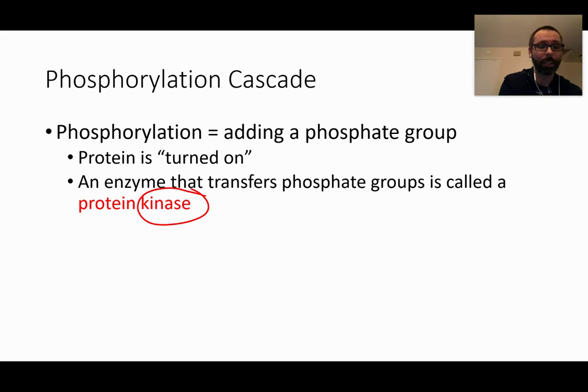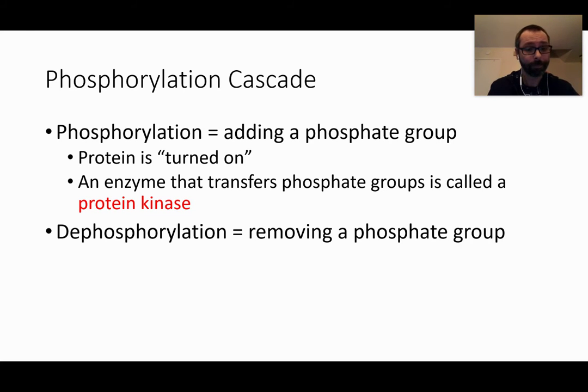This is a word that you end up seeing a lot. In my experience, this word kinase gets used most commonly where they don't tell you what it means, right? A lot of times they'll give you a vocabulary word, but they'll kind of explain it at the same time. But for whatever reason, kinases are one that you definitely need to remember.